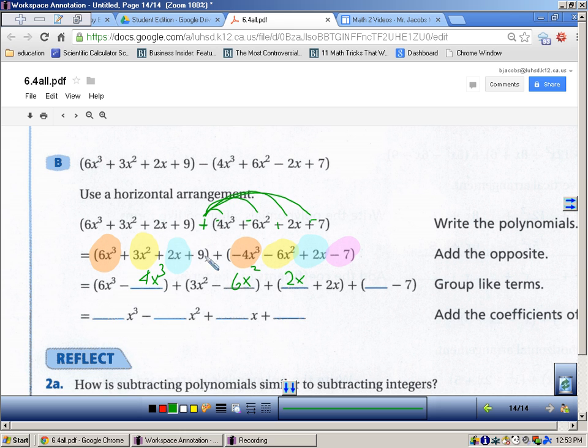And 9, positive, grouped up with minus 7. Okay, so 6 minus 4 is 2, x to the third power. 3 minus 6 is negative 3, or minus 3x squared. 2 plus 2 is 4, so positive 4x. And 9 minus 7 is 2. Okay. Next question.